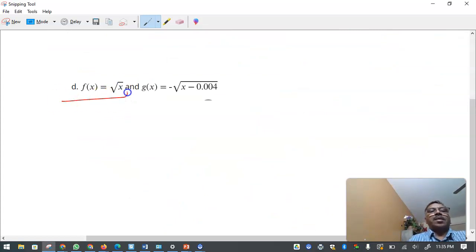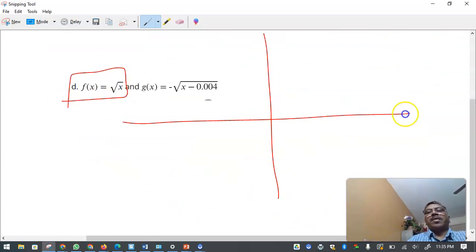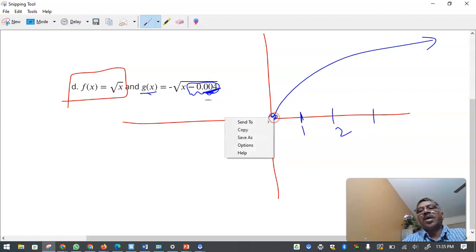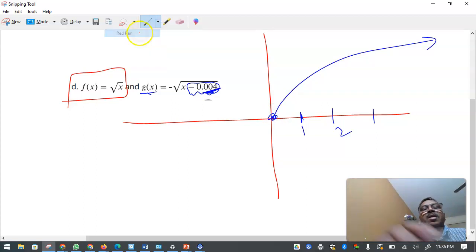This one is the square root function, and the new function is, look at this point. This means we are shifting it to the right. If this is 1 and 2 and 3, and that point 0 is so small, it means we can't even show this, but it looks like it's almost like a blue color.